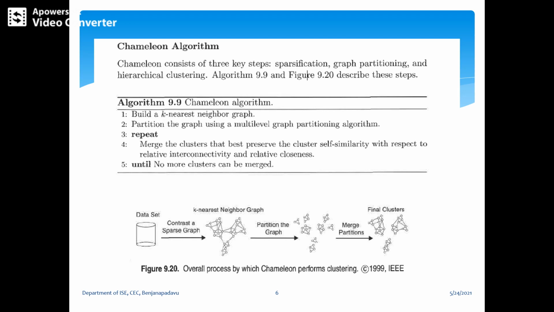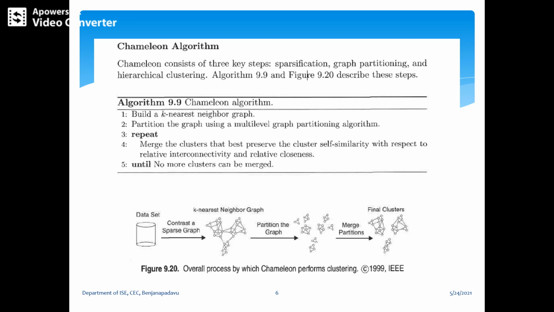For agglomerative clustering, as we have already discussed, Chameleon merges the clusters based on the notion of self-similarity. Chameleon can be parameterized to merge more than one pair of clusters in a single step and to stop before all the objects have been merged into a single cluster.